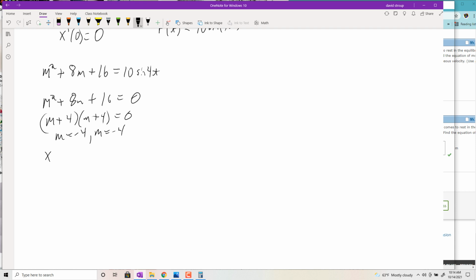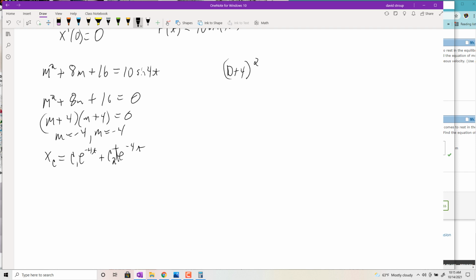So the complementary part of the solution is going to be c1 e to the -4t plus c2 t e to the -4t. Don't let me screw up like that again. And then I work over to my non-homogeneous version and build my annihilator. So the part I already have is (D plus 4) squared.